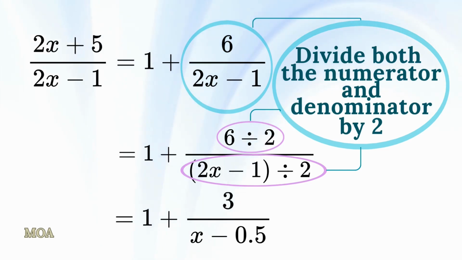Our new goal here is to remove the coefficient 2 that's attached to x in the denominator. This will help us reach the canonical form we need for evaluating the limit. To do this, we divide both the numerator and the denominator by 2. This gives us 1 plus 3 divided by (x - 0.5).